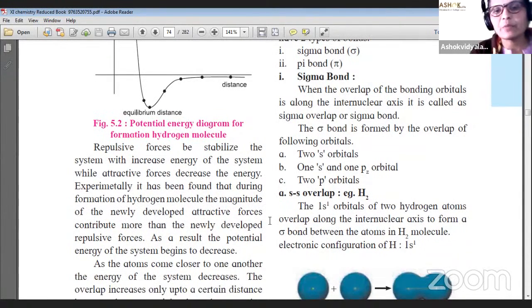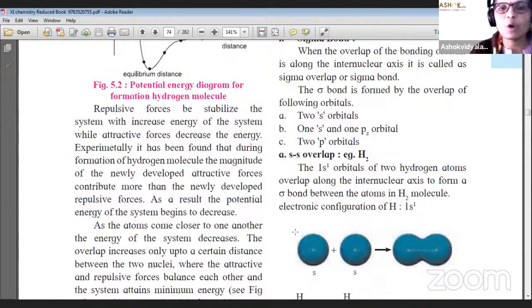The first type is the formation of the sigma bond by overlapping of two s orbitals, and you can take the example of the hydrogen atom. This is the 1s orbital of one hydrogen atom, and this is the 1s orbital of the other hydrogen atom. Each hydrogen contains one 1s electron, one with clockwise spin and the other with anti-clockwise spin.